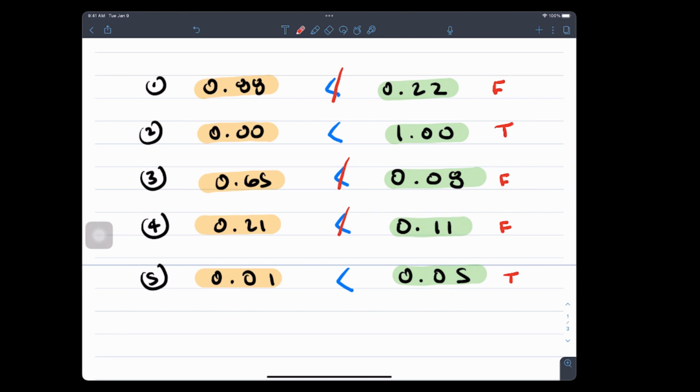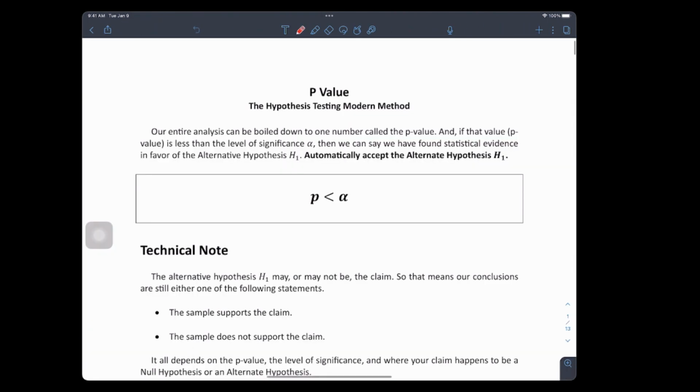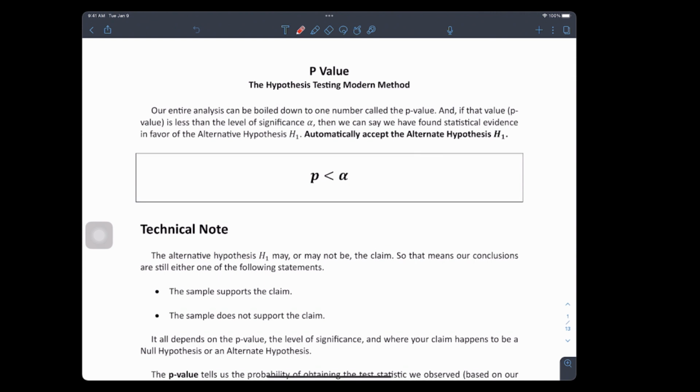All right, ladies and gentlemen. Okay. So what I'm going to introduce to you guys today is this. We have hypothesis testing again by what is called the modern method, and that's the p-value method. Has anybody ever heard this before?